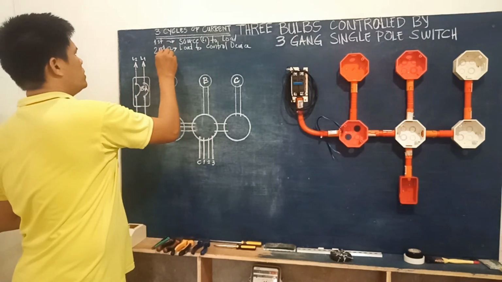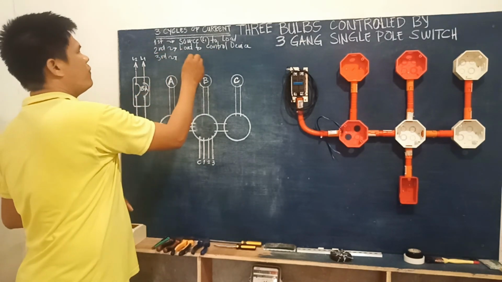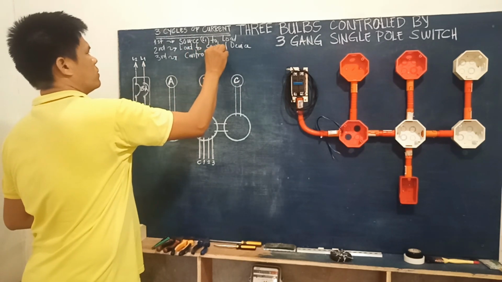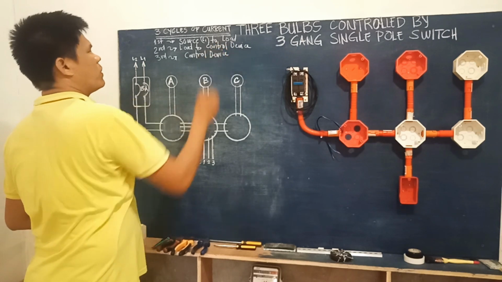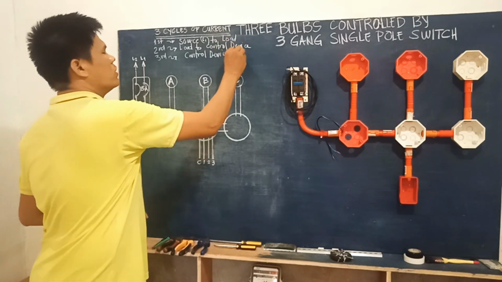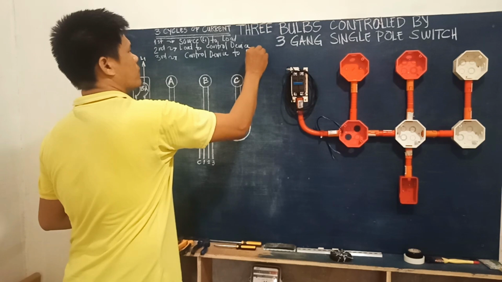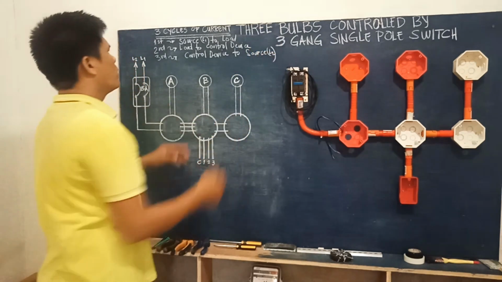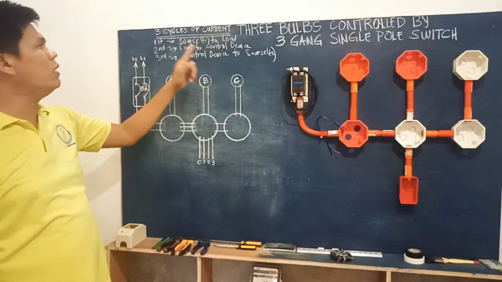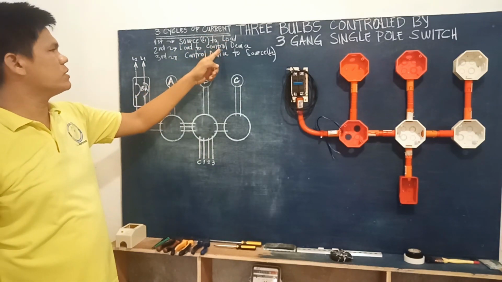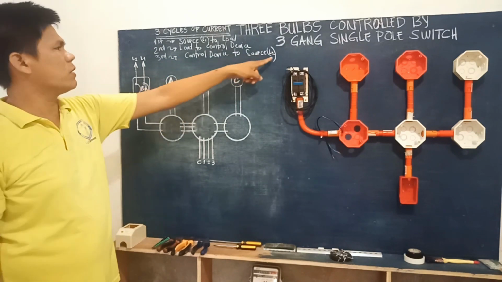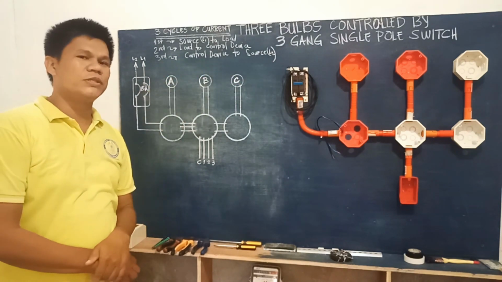Then for the third cycle we have from the control device to the source, which is line 2. Okay, so we have source to load in the first cycle, load to control device in the second cycle, control device to the source line, which is line 2 already in the third cycle.